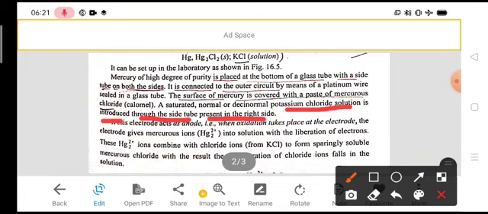Once again I repeat, through the side tube present in the right side, the potassium chloride solution is introduced into the electrode.